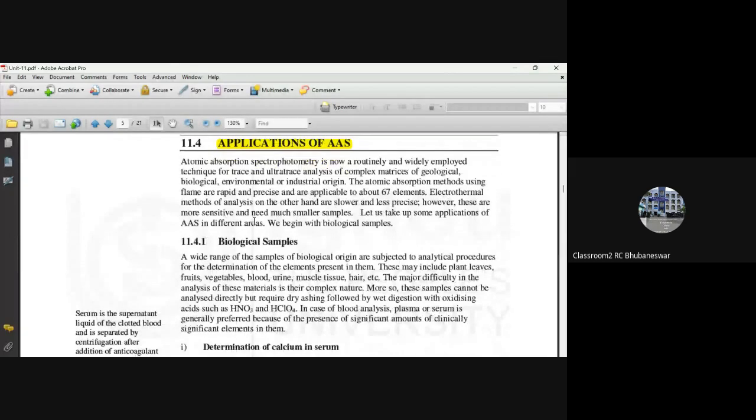Then application of AAS. This unit 11 is completely based on the applications only.